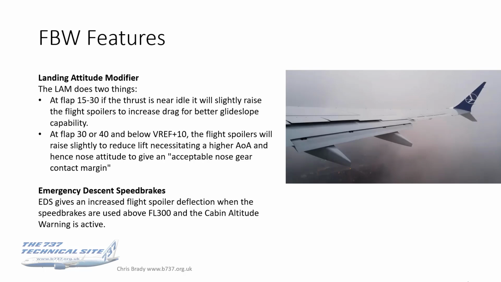It gives you something intermediate between flight spoilers and ground spoilers, but only with the flight spoilers. But the deflection will be more, up until, or should I say down until, flight level 300. Below flight level 300 you'll be going back to normal flight spoiler deflection. Above flight level 300 is where it's considered safe to give you the extra deflection.